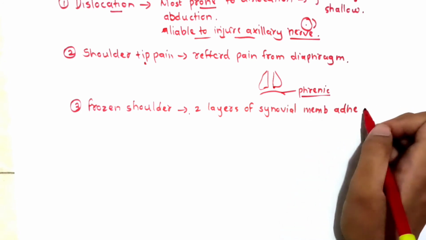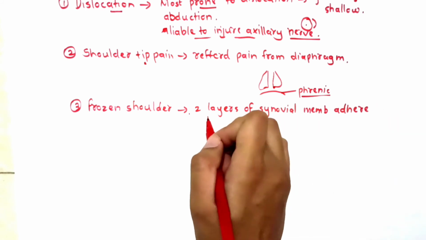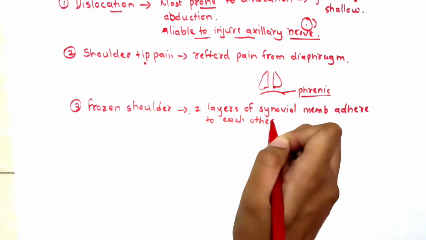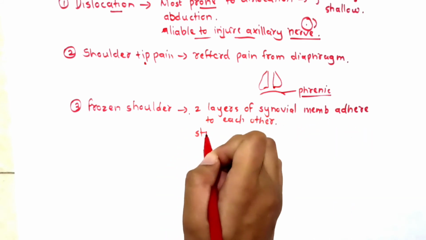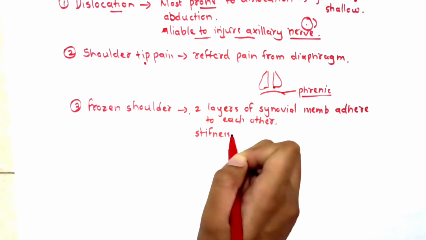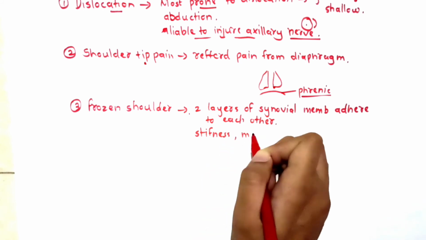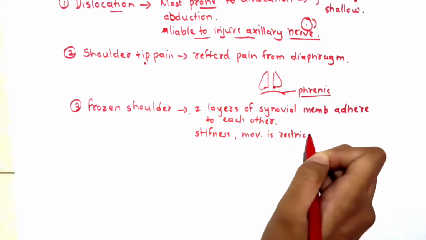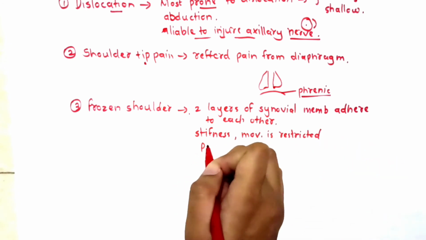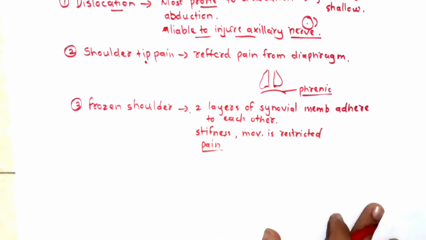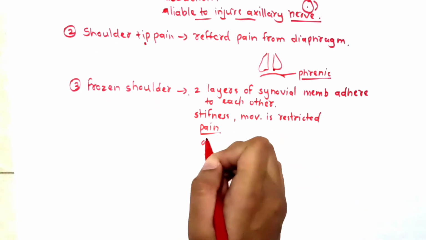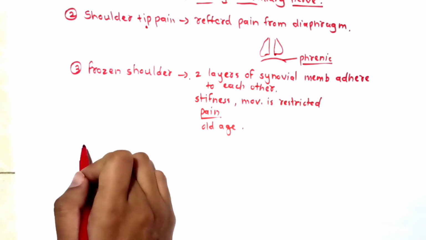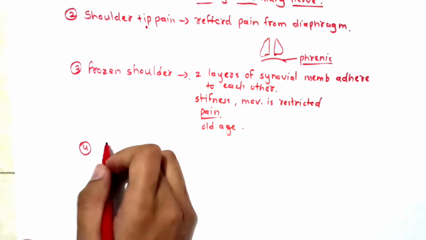They stick together, so there is stiffness which restricts the movement, and there is pain also. It is mainly seen in old age people, due to aging.